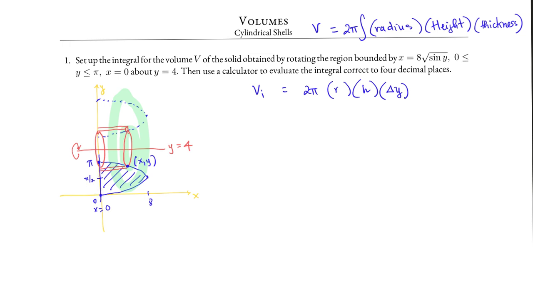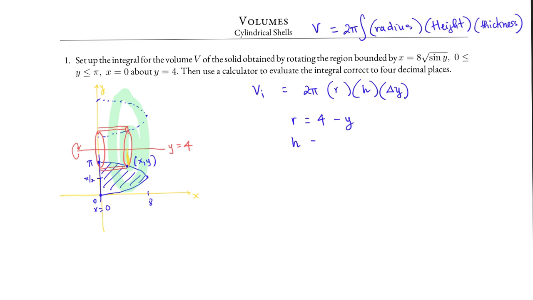But in this case, we are interested in the radius of the shell, which is from the axis of rotation to the point x, y. The radius is this vertical distance, and to find the vertical distance, we take the upper minus the lower. Thus, the radius is y equals 4, the upper, minus y, the lower.